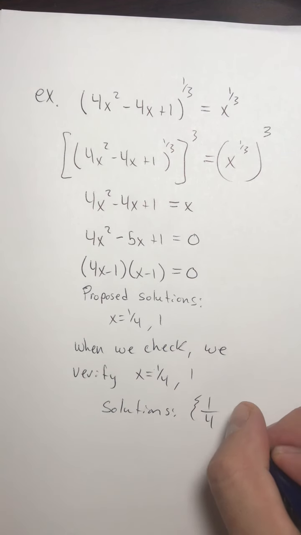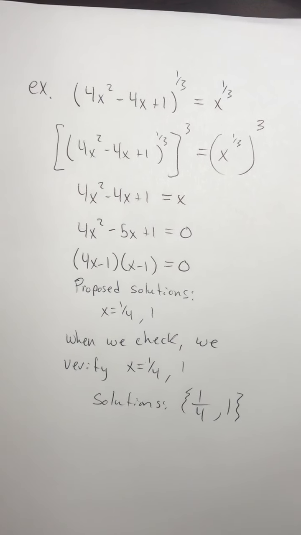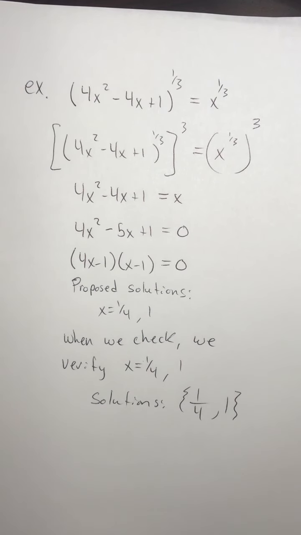And if we go back and check, we do verify that 1/4 and 1 do both work. Still go back and check, even though in this particular example, if you had something like the 5/4 power, you could have domain errors. So still go back and check.